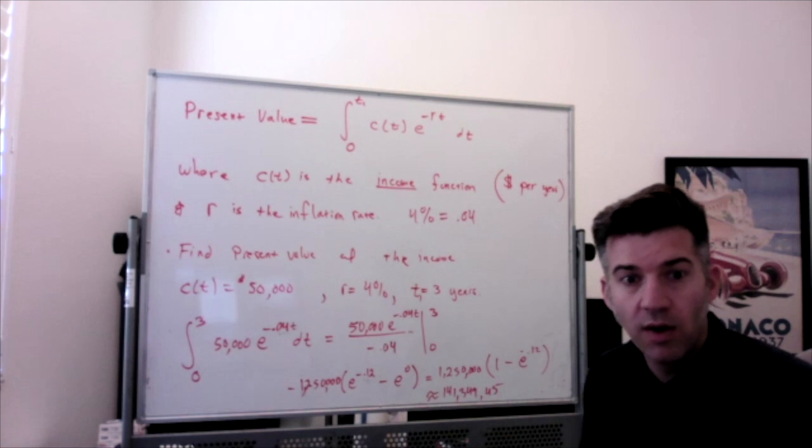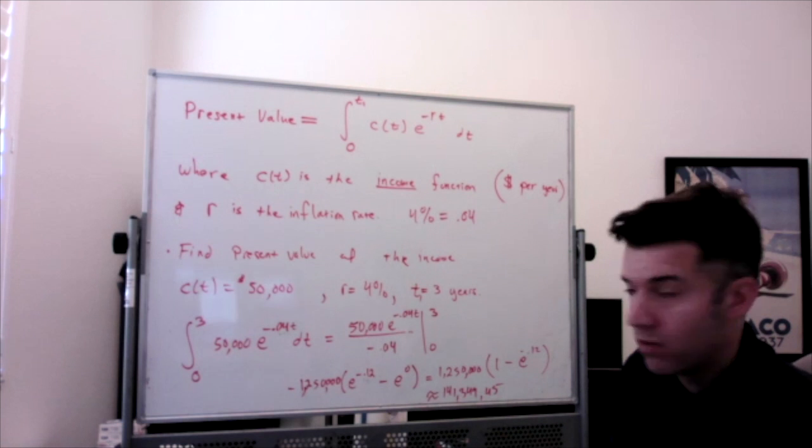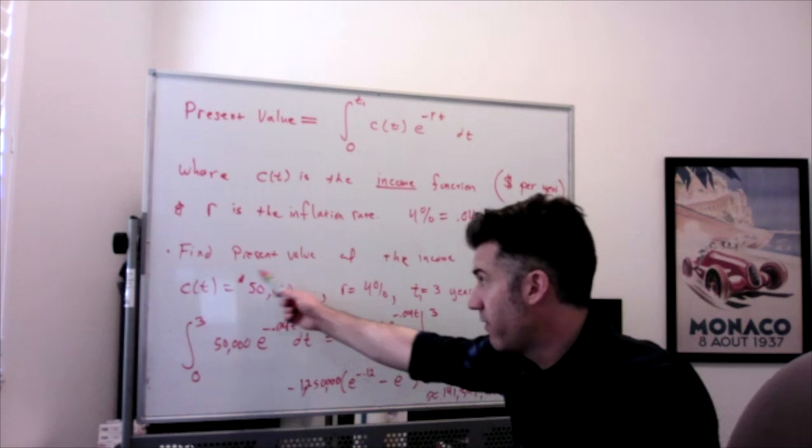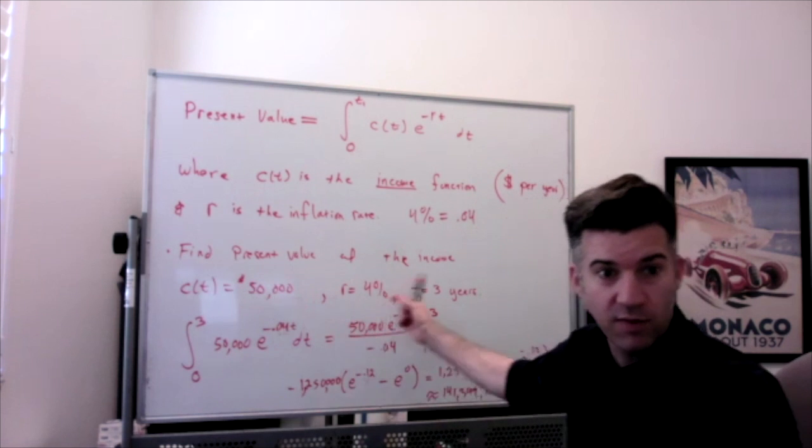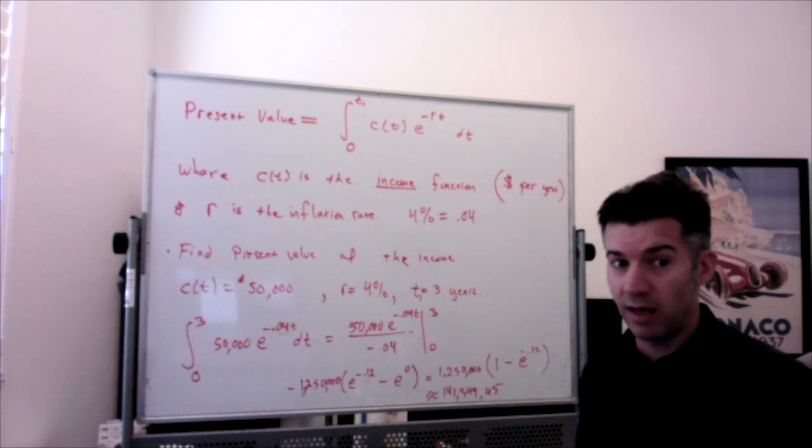Okay, so to think about what's happening here, right? We're making $50,000 a year for 3 years. So over the 3 years, we would make $150,000.